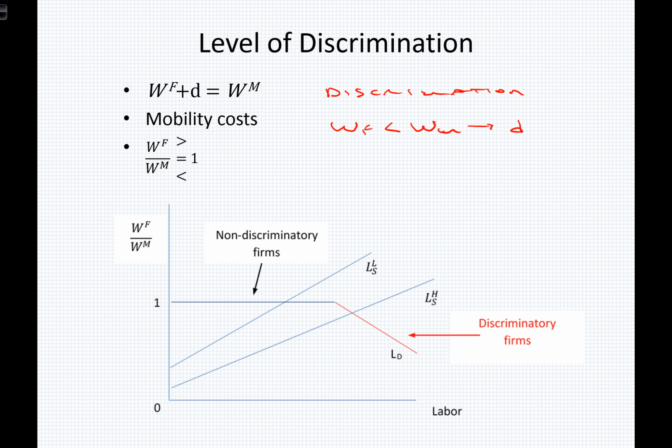We have to recall that in the classic economic sense, discrimination only exists in markets where there are some mobility costs. This presumes discrimination doesn't exist in all markets. So let's say that we have some markets, perhaps in the Northeast, where there are pockets of minorities that have concentrated more so than in most other parts of the country. And in the Northeast, perhaps, there is some discrimination that we can observe in wage rates.